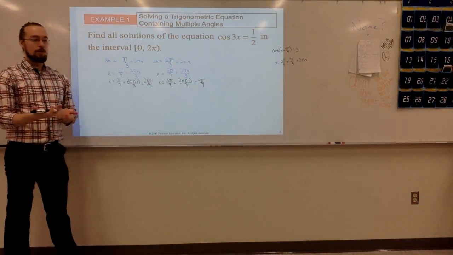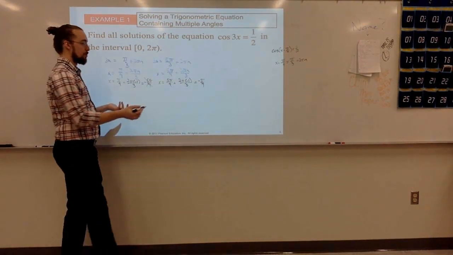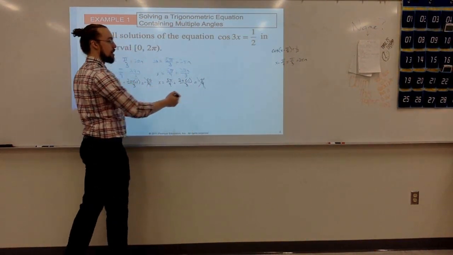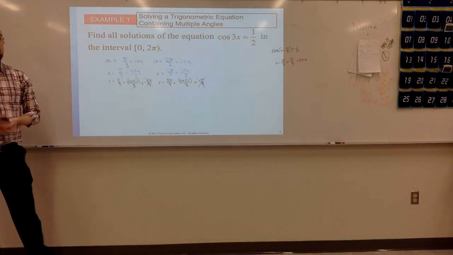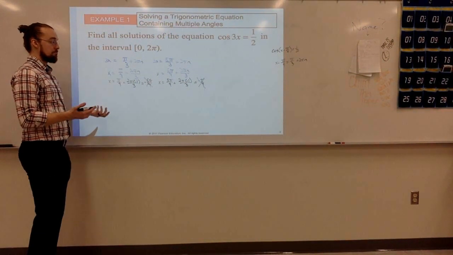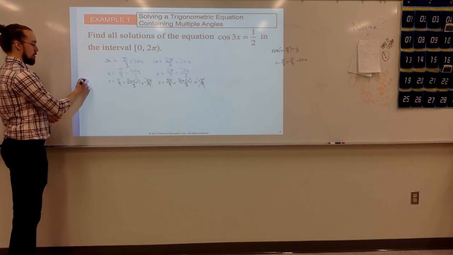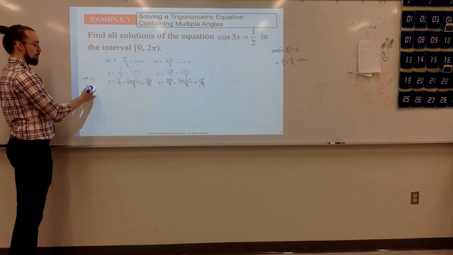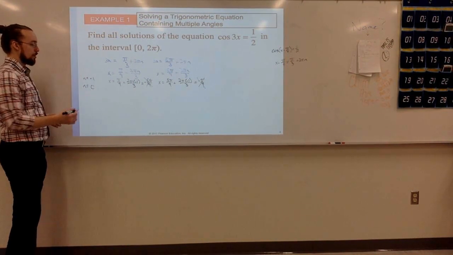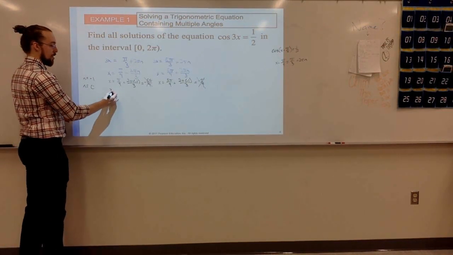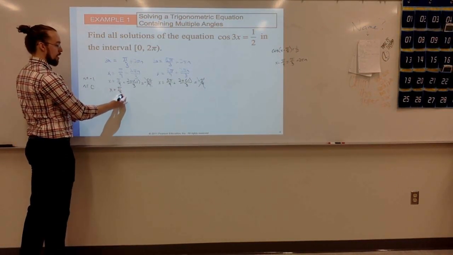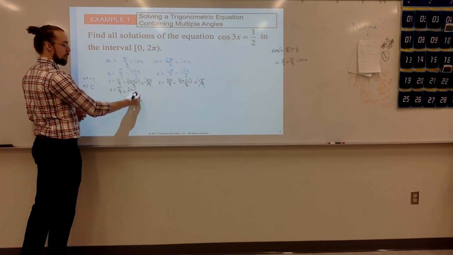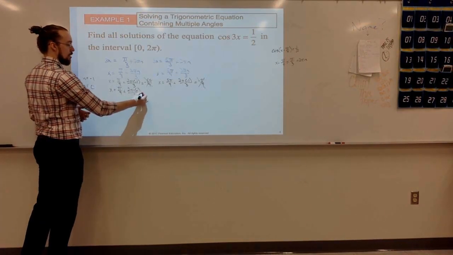Again, negative pi over 9 is not in between 0 and 2 pi. So that's not a solution. Now, let's plug in 0. I guess we can label here, this is n equals negative 1. Plug in n equals 0. So we'll get pi over 9 plus 0.